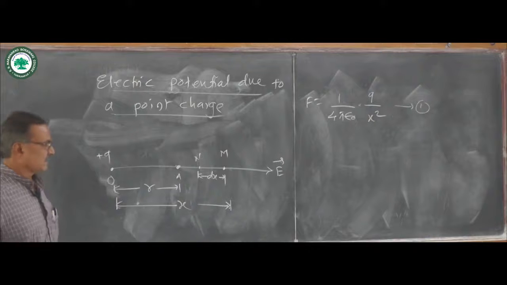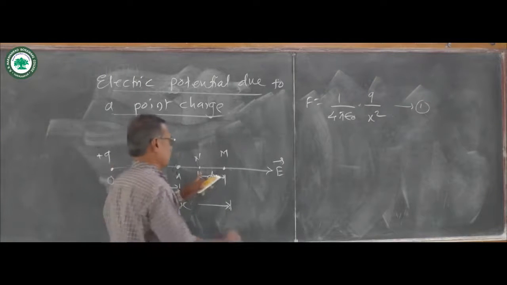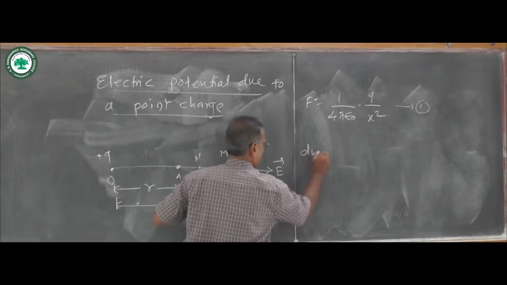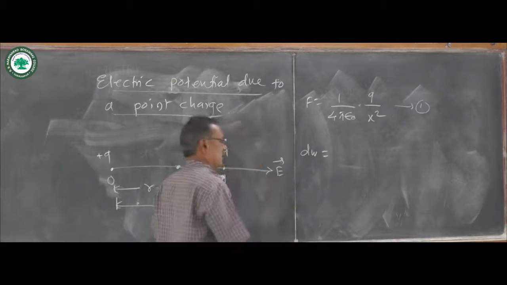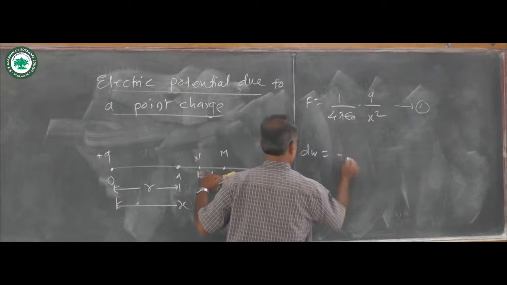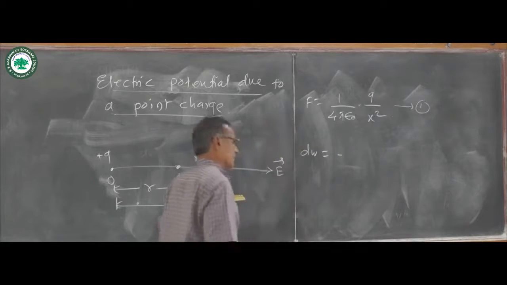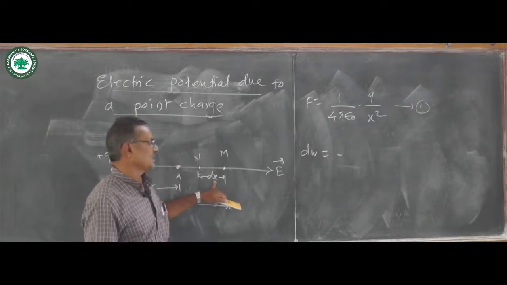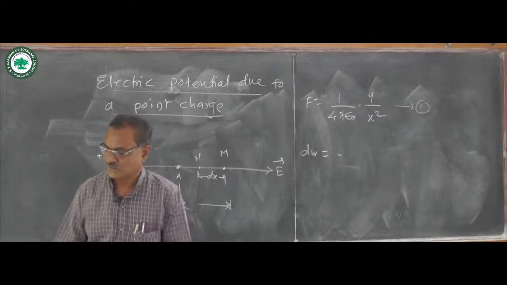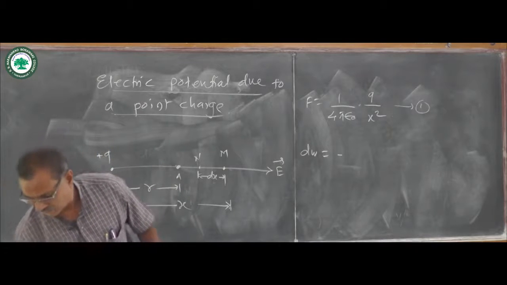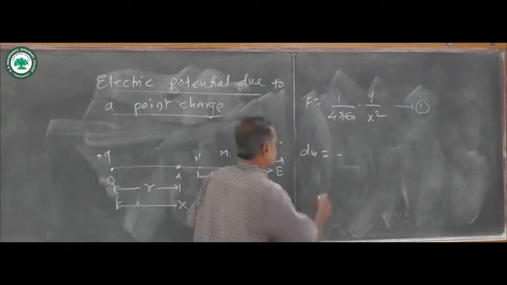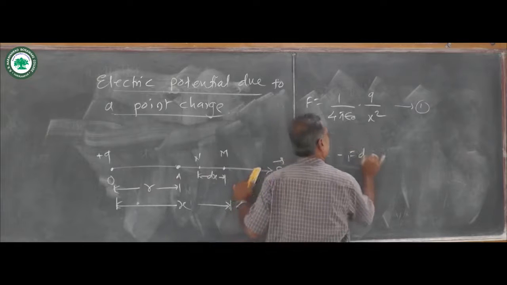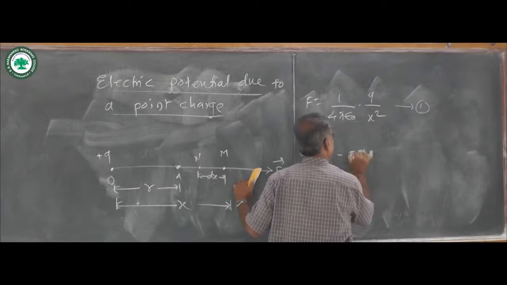So the work done when the charge is displaced from M to N, according to the formula of work, is force into displacement. So therefore we can write minus F into displacement dx.